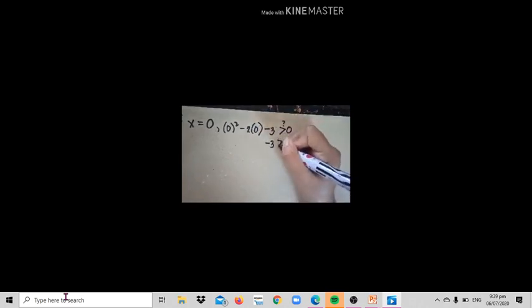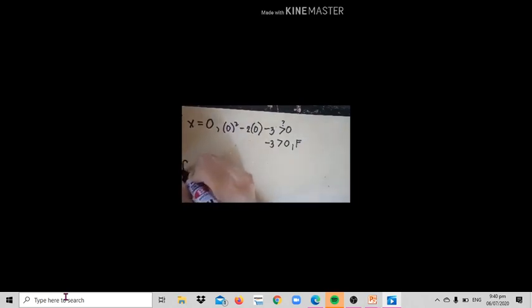And negative 3 is not greater than 0. So, ibig sabihin, false yung mathematical statement. Hindi part ng solution set natin si 0, or yung region na nire-represent ni 0. So, hindi natin isi-shade yung number line kung saan makikita yung 0.